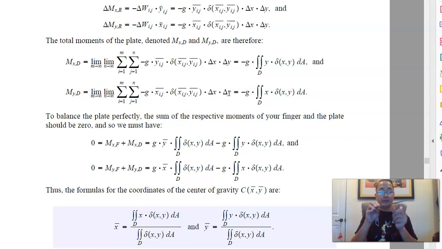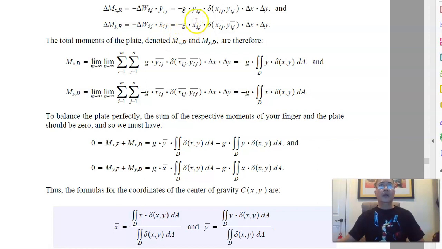But the plate is trying to swing down like this, and from that perspective, it's the opposite direction. My finger is going up, the weight is going down. So the two rotations are opposite in orientation: one is positive, one is negative. We already made the finger moments positive, so the moments for the plate will now be negative.